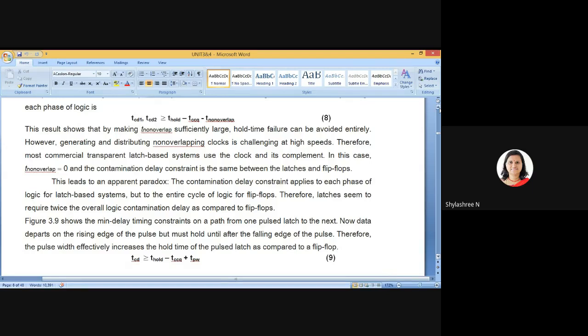To avoid that, we are using a T non-overlap. The edges are separated by T non-overlap. So in equation 8, TCD1, TCD2 should be greater than or equal to T hold minus TCCQ minus T non-overlap.